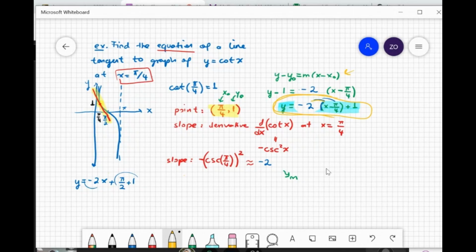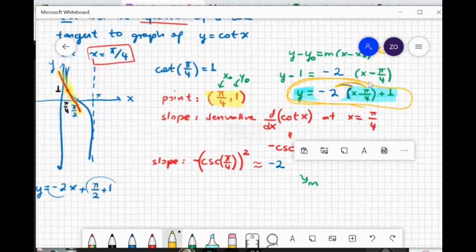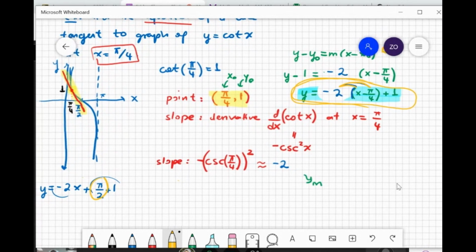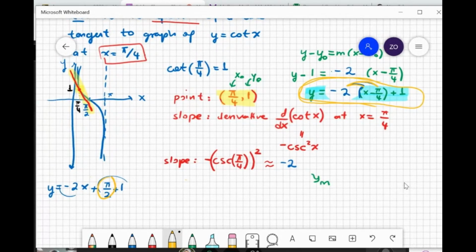If you multiply -2x and you multiply by pi over 4, this is going to give you 2 pi over 4, which is pi over 2, right? Now you multiply -2 by -2 pi over 4, and then you have plus 1 here, which is this.